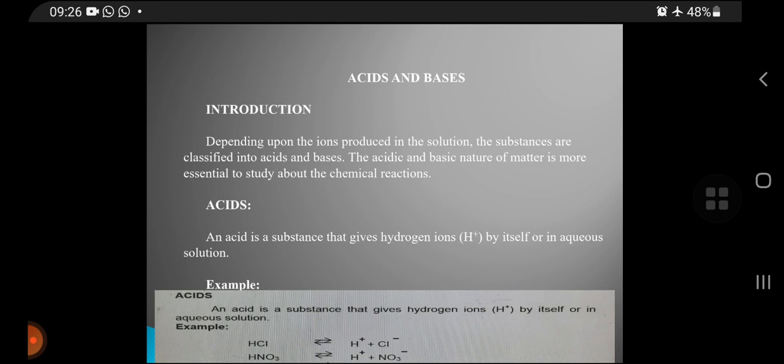Comparing the introduction with this example part: the introduction says any solution produces ions, and ions mean positive ion or negative ion. In this case, acids produce a positive ion in aqueous solution. For example, HCl and HNO3 both produce the H plus positive ion.